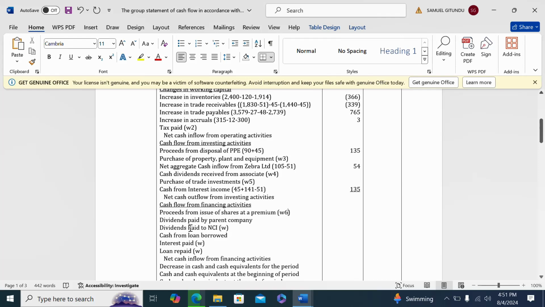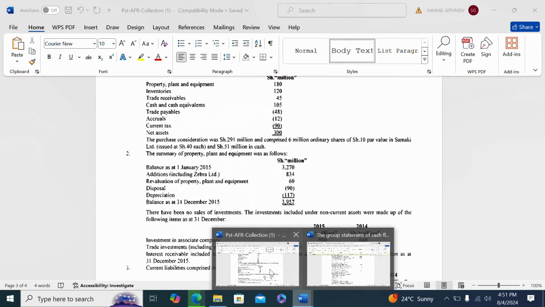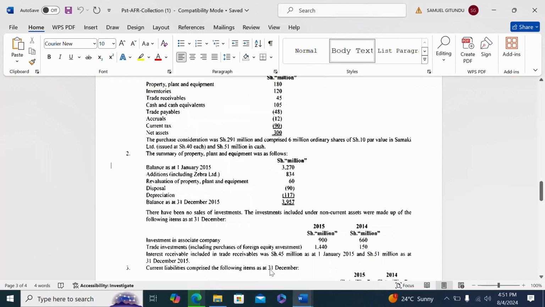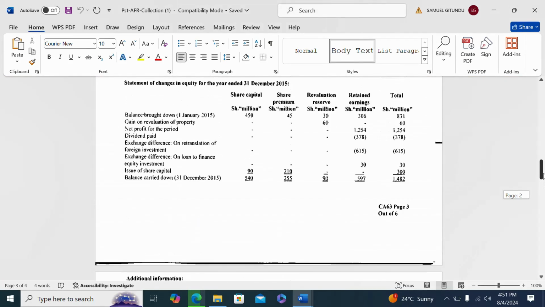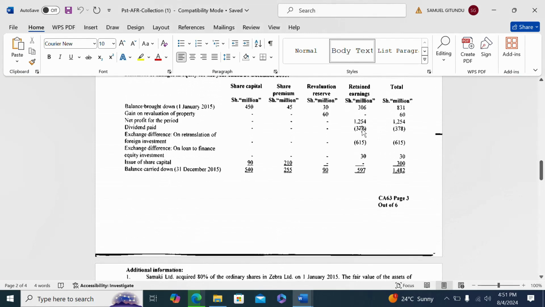Then dividend paid by parent company. This one is given in the statement of changes in equity. So this one we will not need a working because it is given in the statement of changes in equity. How much is the dividend paid by the parent company? It is 378 million.